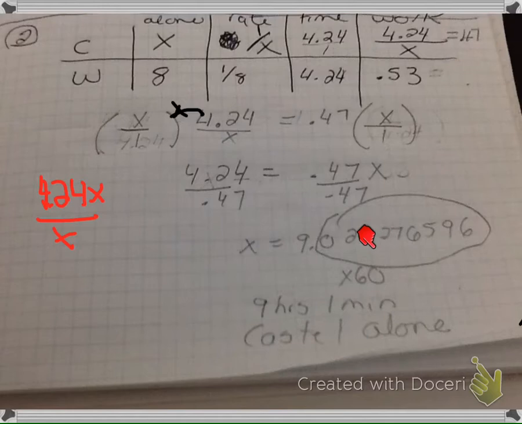I didn't want to have to retype this decimal, and that's why I subtracted the 9. When I did that, it looked like it was about 1 minute, which means that by himself, Castell's slower than Willie, because it takes him 9 hours and 1 minute to do the same job that Willie can do in 8.